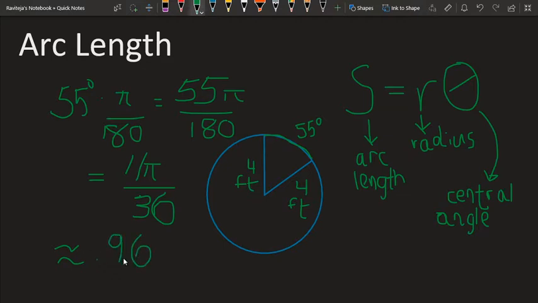So now that we have an actual number, we can substitute this 0.96 into our theta, and then we get S equals the radius, which is 4, times 0.96, which is approximately the value of the angle we have in radians, and then we multiply the radius and theta, and we get that the arc length is approximately 3.84 feet.